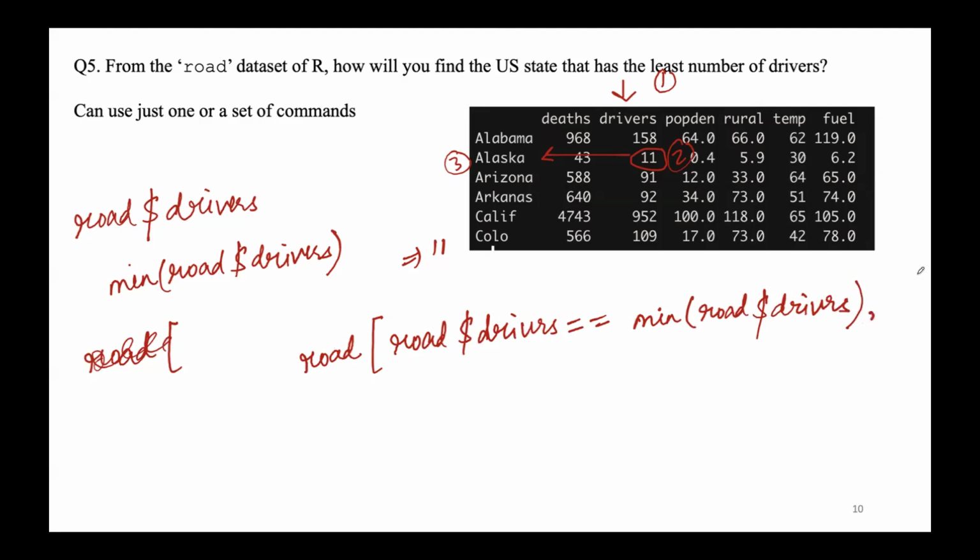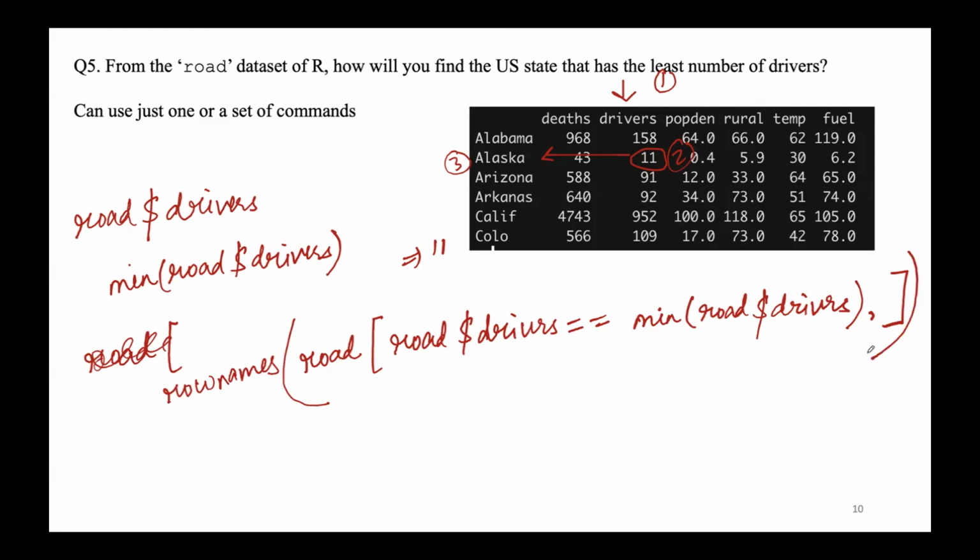I'll put a comma and then I'll close the square bracket. And then I'm going to write row names, and then I'll write this giant curve bracket.